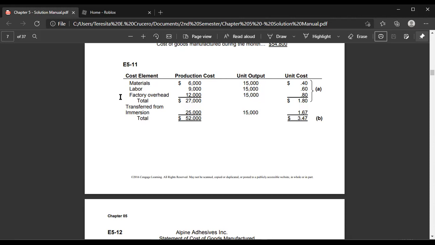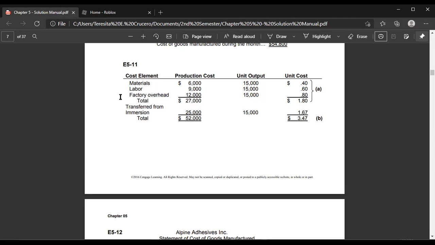So in number 11, we begin with the cost in the finishing department, dividing production cost by the output. So you now get 1.80. That's the average unit cost in the finishing department. Then we have to add the total cost from the first department, the immersion department.